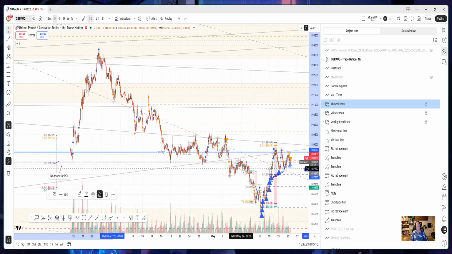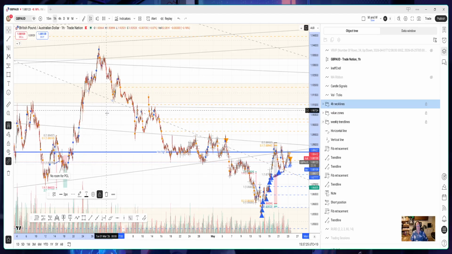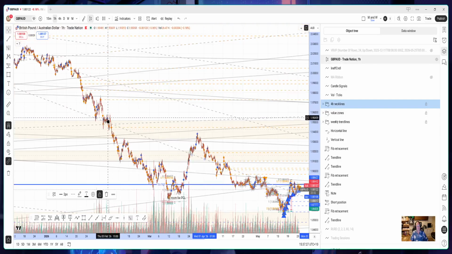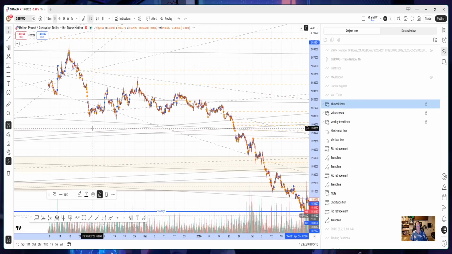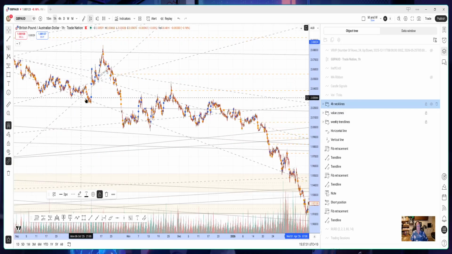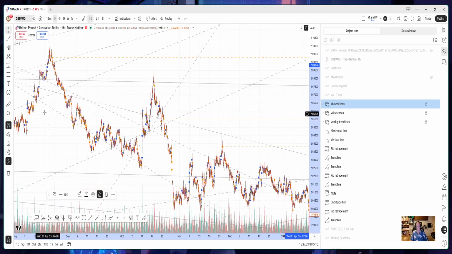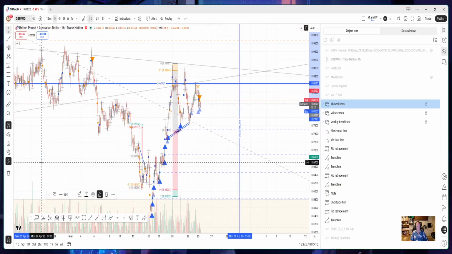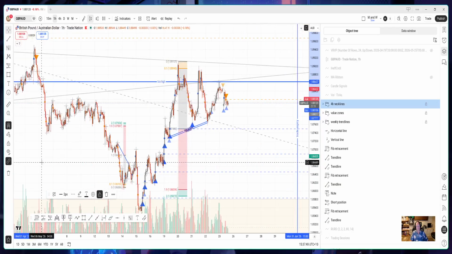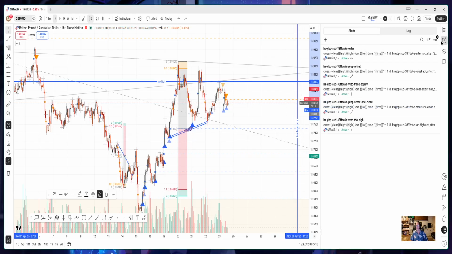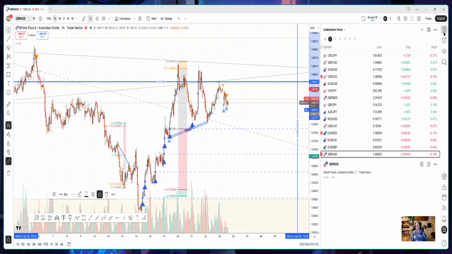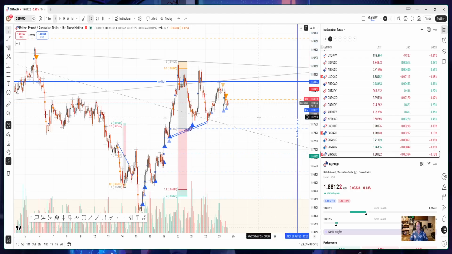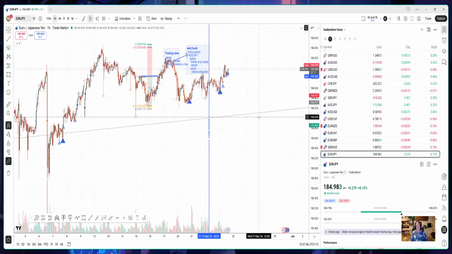Is that 4-hour neckline respected? And it's right there. Respected in other places a little bit. Yeah, it's respected along here. Look. So I think it's a good trade, and we're already set up for it, alerts are in. Let's continue our pattern hunting.